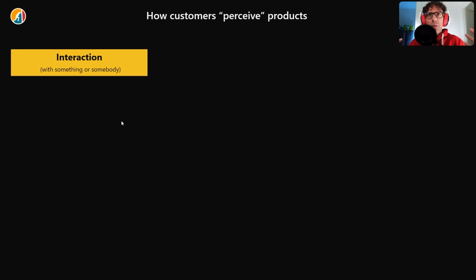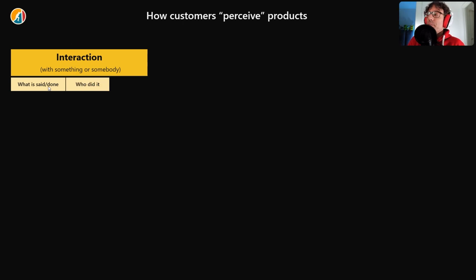So people learn about a new product through an interaction. That interaction can be with something, an app, a landing page, an article, or with somebody. Somebody that tells us about the app, somebody that is just talking about the app, somebody that is just using the app and we see them. We can slice these interactions in three parts.